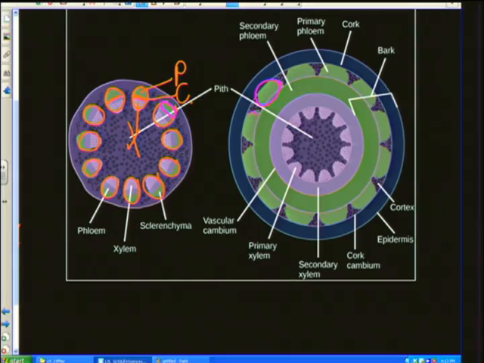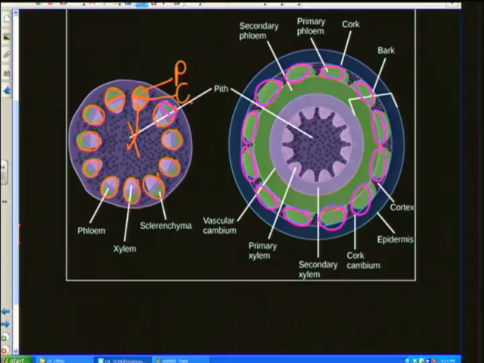What you will notice is the original phloem that was there right from the beginning. Can you see there? I've circled all of them. Because it was the first one there, we're going to call it primary phloem.